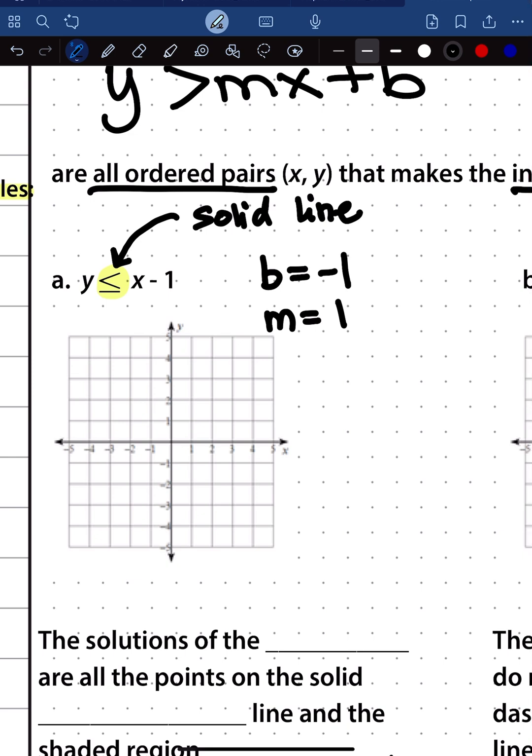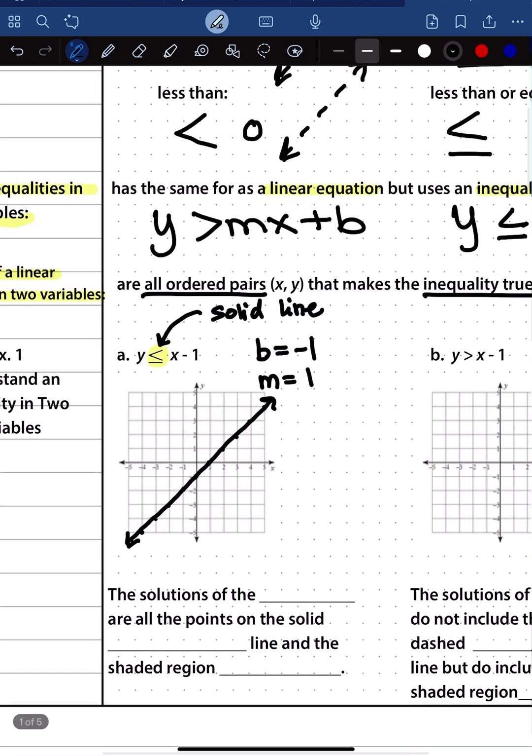I'm going to graph this as if it were in slope-intercept form, starting on the y-intercept at -1. Because it has a slope of 1, I know that the rise is 1 and the run is 1. It is a positive slope, and I'm going to sketch a solid line.